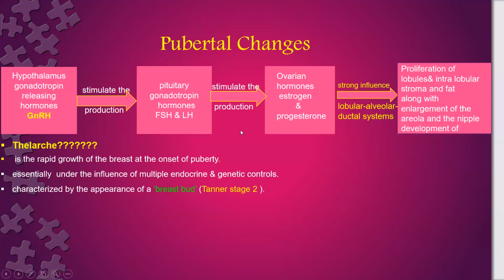Tanner stage 2 is characterized by breast budding. At what age? What is the age at which there is thelarche or is expected, and the range of age before which you can say this is premature, and after which the girl needs to be investigated by an endocrinologist? What is the time?